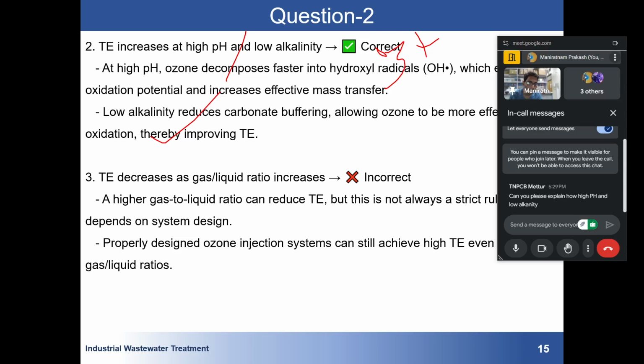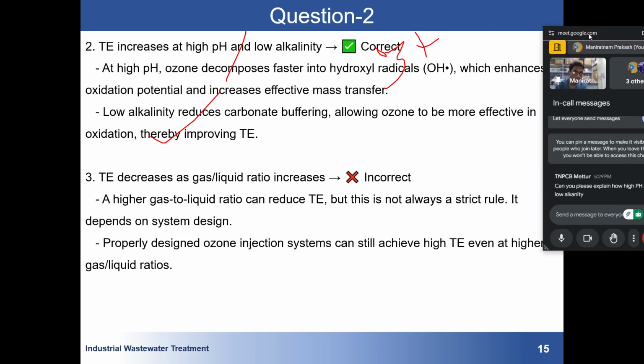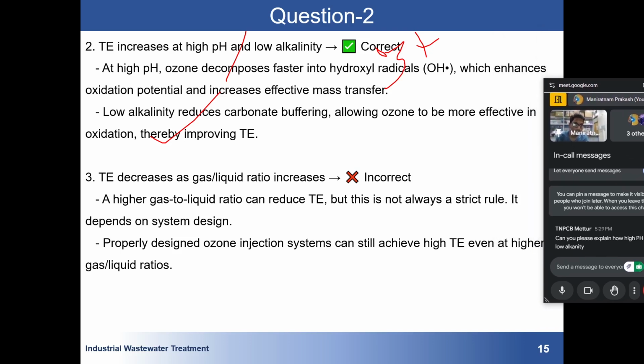No, I'm thinking that at high pH, the alkalinity will also be high. That's my assumption because OH minus will be more. So the pH will increase and the alkalinity will also increase simultaneously. Here it is contradictory: high pH and low alkalinity. Is it possible?